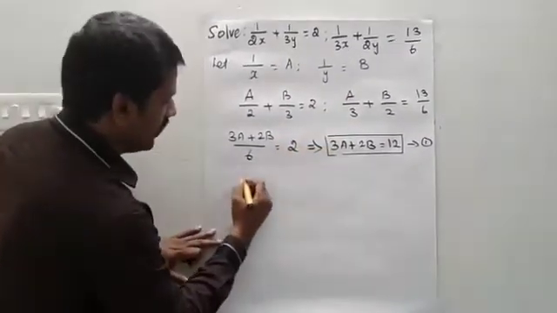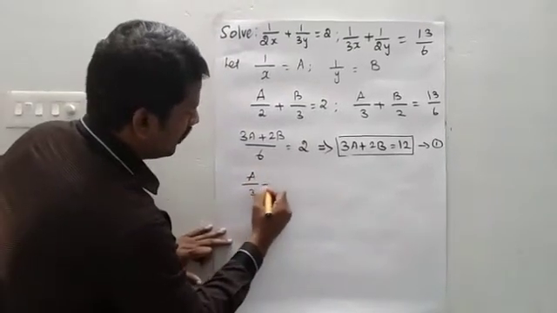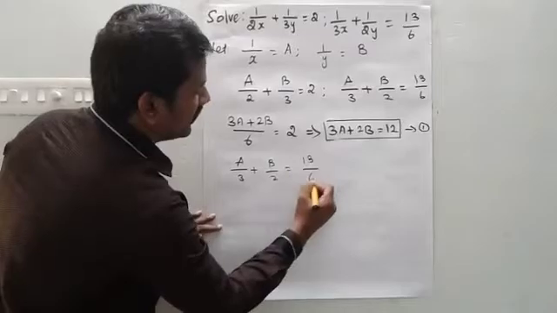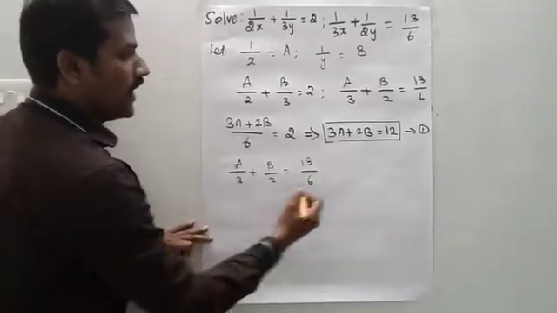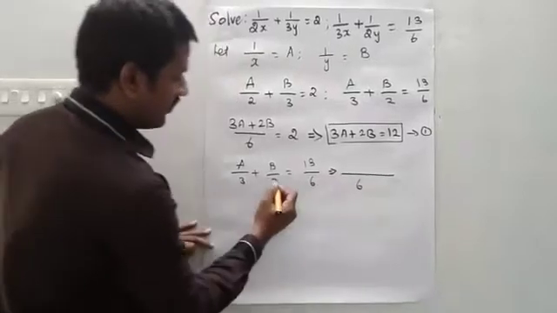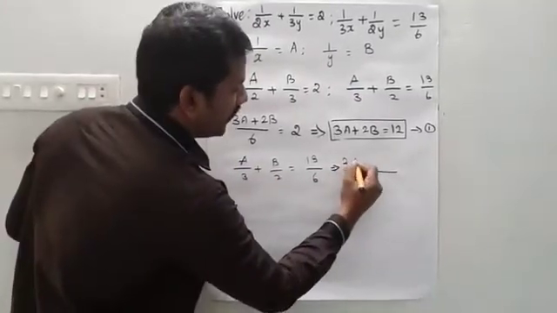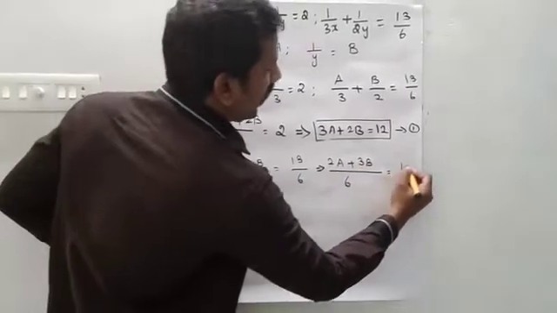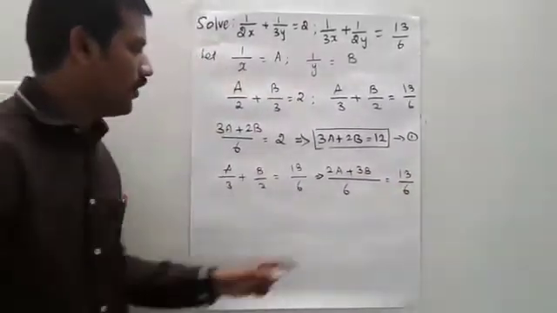Now second one. A by 3 plus B by 2 is equal to 13 by 6. Once again I want to take LCM, so 3 2's are 6, cross multiply: 2 into A, 2A, plus 3 into B, 3B, is equal to 13 by 6.